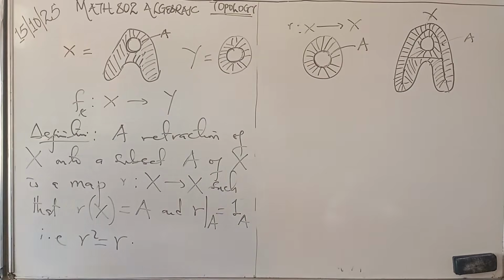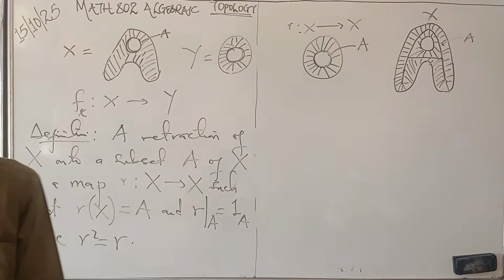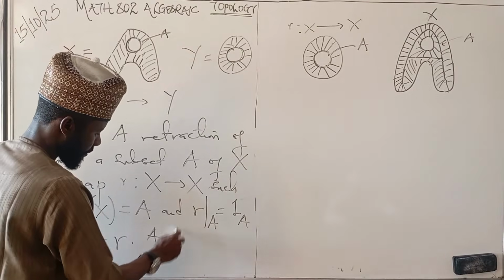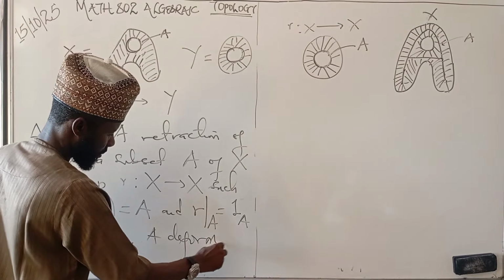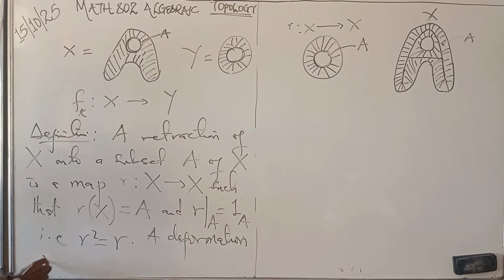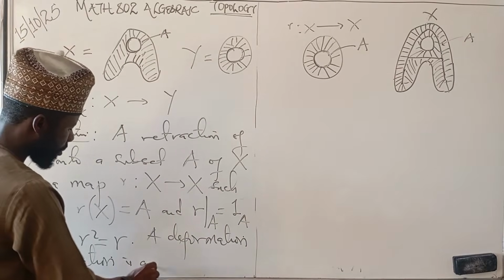Now, once the concept of retraction is understood, we move to the next concept, which is called deformation retraction. A deformation retraction is a homotopy.